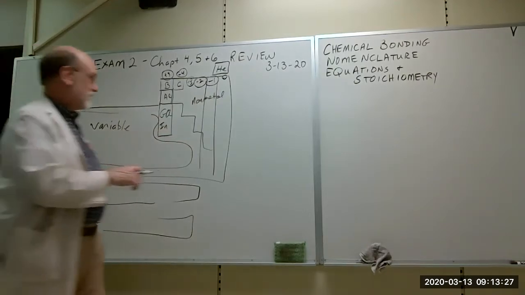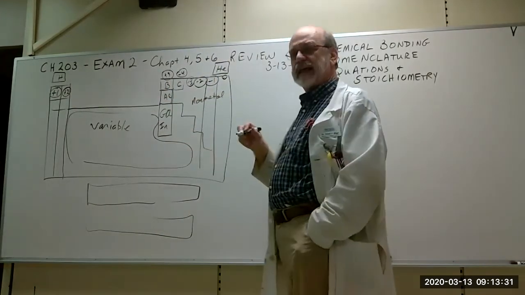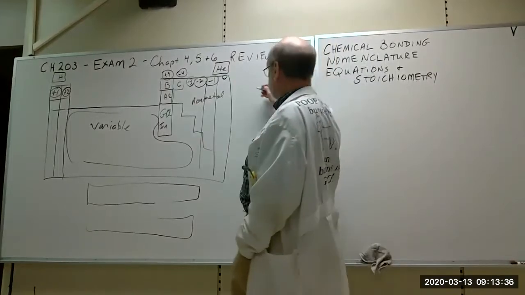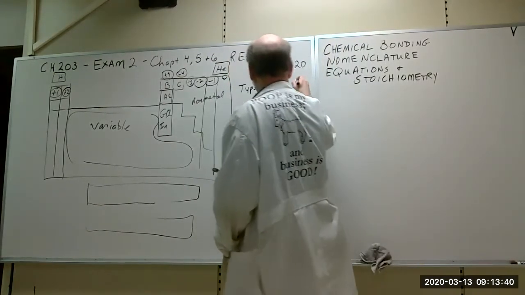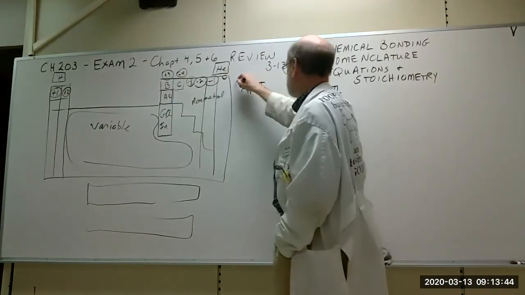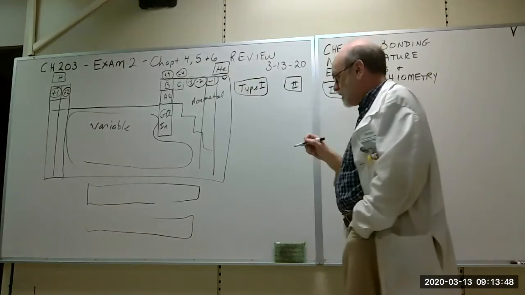Okay, so now that we know where everything's located, we can talk about how to name the compounds using our convention. So the type 1s, 2s, and 3s compounds.